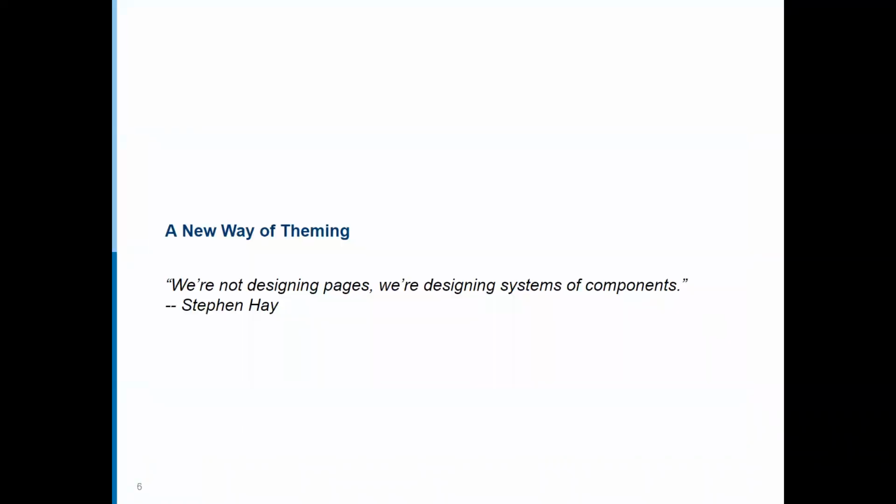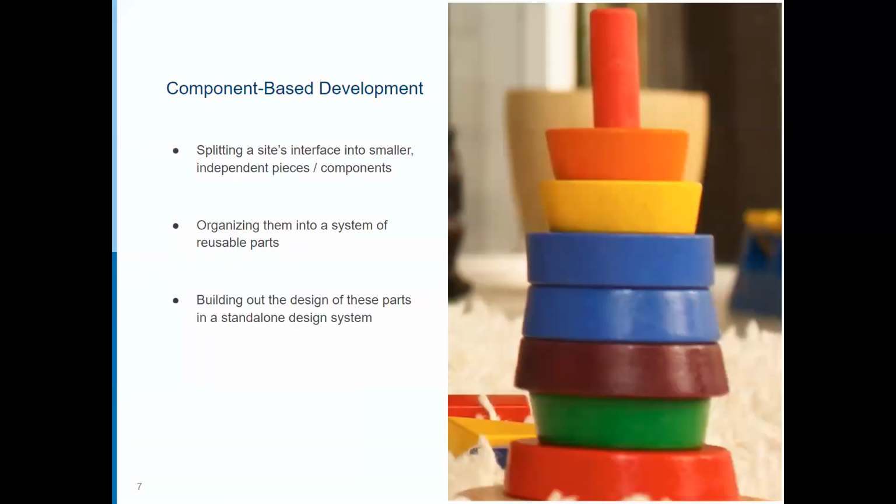Now, the new way of theming, which is becoming very popular and the preferred way to use in front-end development, is using a system of components. So, atomic design and component-based development. The way that you want to think of developing websites is not necessarily by building pages, but by building components that represent each piece of the page, like a building block of the page.